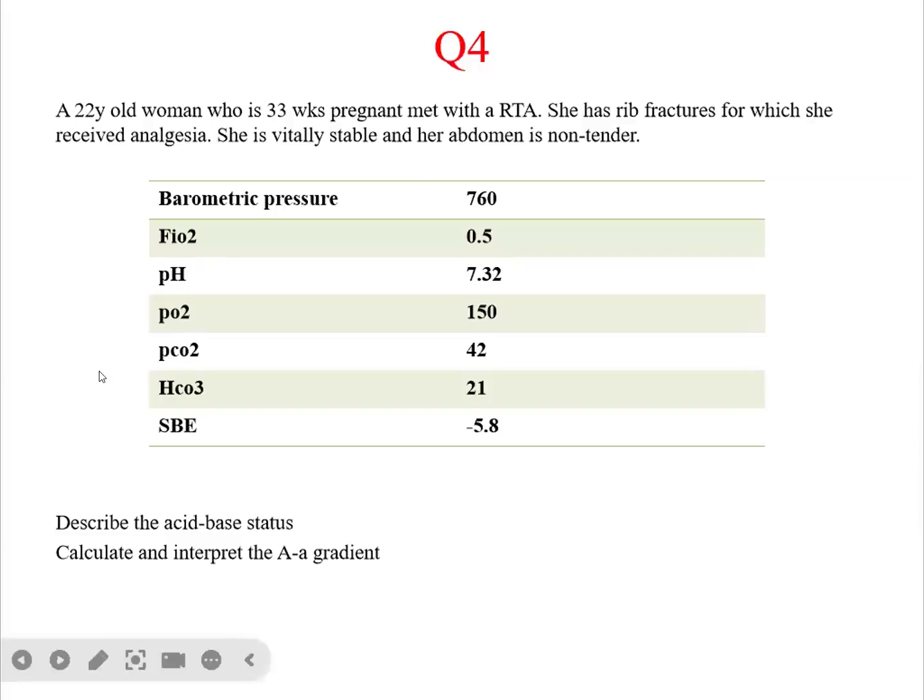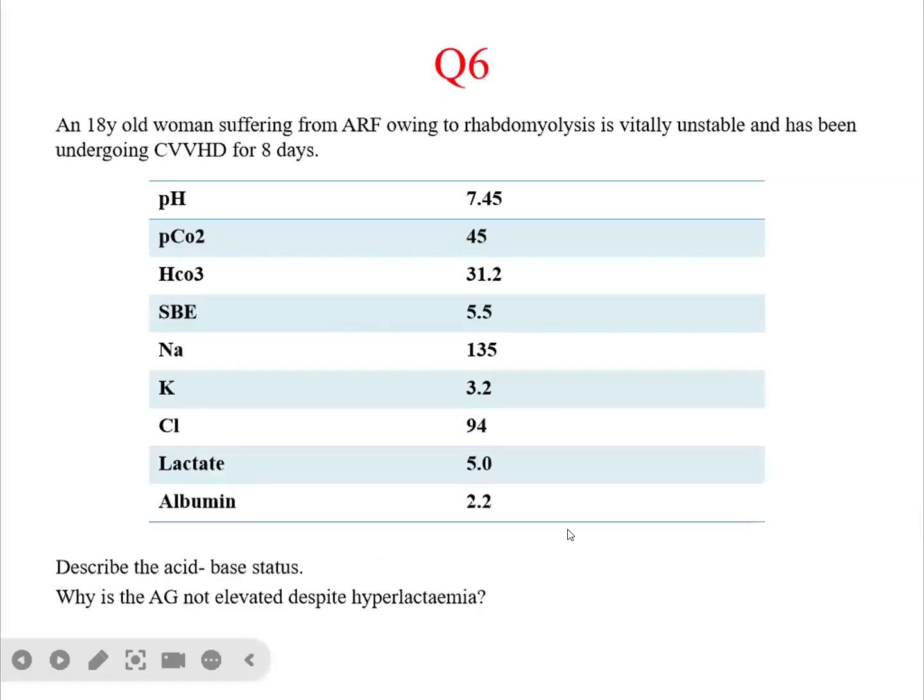Otherwise, I think the AA gradient people will be able to calculate now. Already we have finished 2 questions about that. So we will go to the next ABG scenario. An 18-year-old woman suffering from acute renal failure secondary to rhabdomyolysis is vitally unstable and she has been put on CVVHD for the past 8 days.